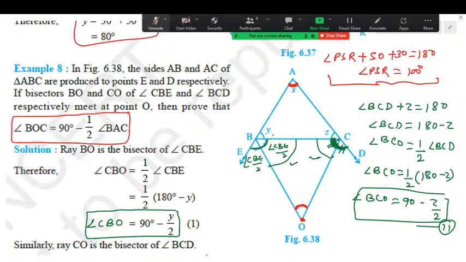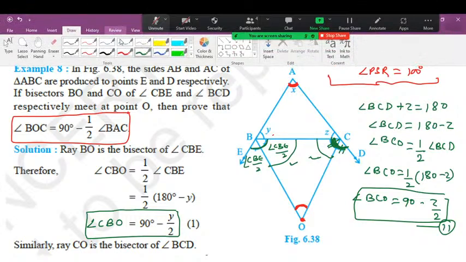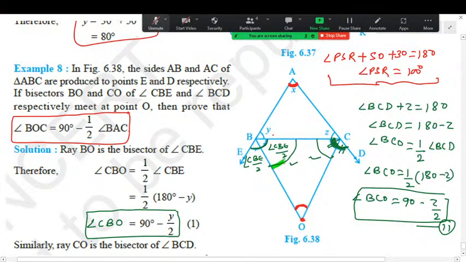So far we have calculated these two values, CBO and BCO. This is my CBO, this is my BCO, and they are here in front of BOC.